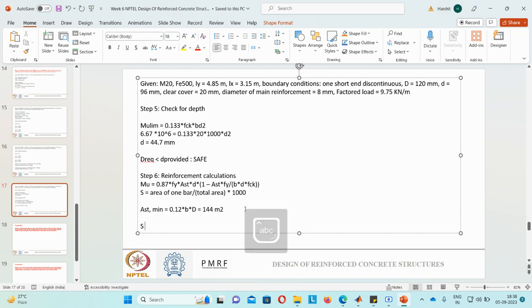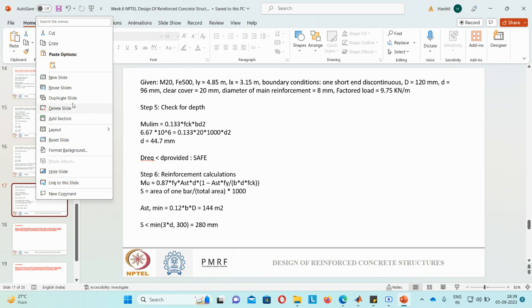Spacing should be less than the minimum of 3 times d comma 300. Based on the values that you are getting, 3 times d and 300, it is 280 mm. So your spacing should be less than this value. This is just a brief of how reinforcement detailing is done.